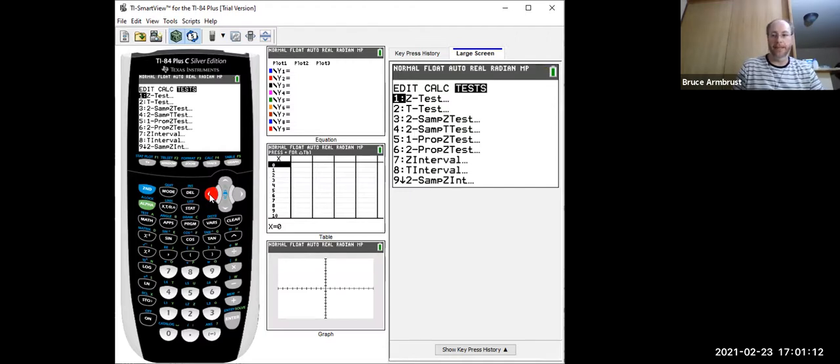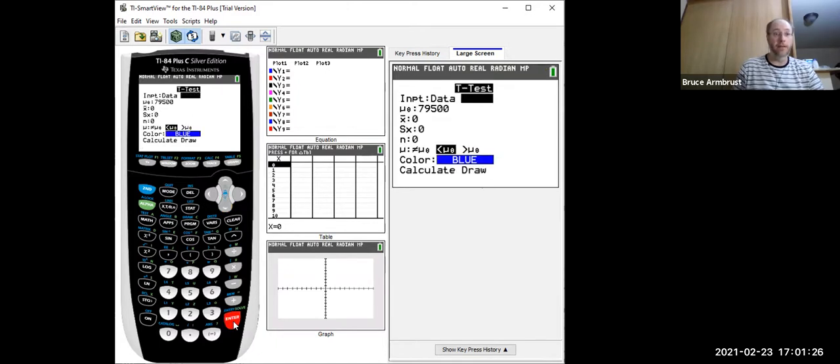Hopefully you remember that it is a t-test because we weren't given the population standard deviation. We were given the standard deviation of our sample. So we're going to do a t-test, and we're going to leave it as stats. Now we're going to put in the mean, what we're testing against.